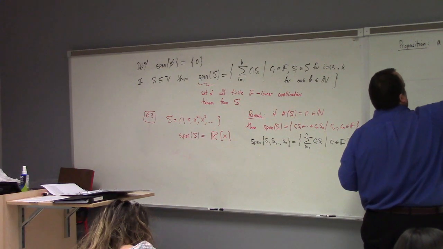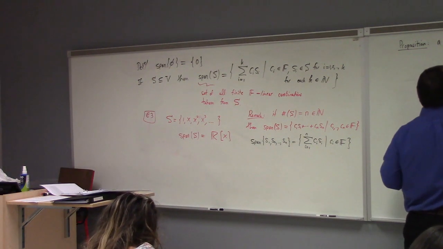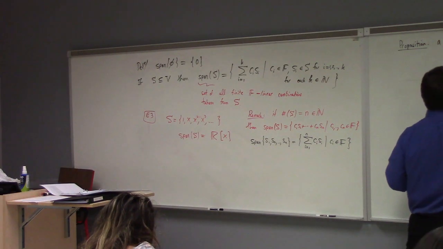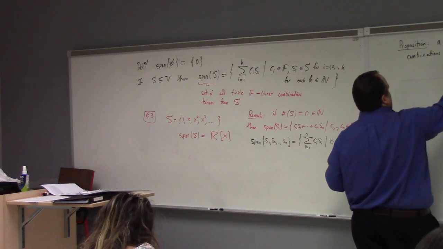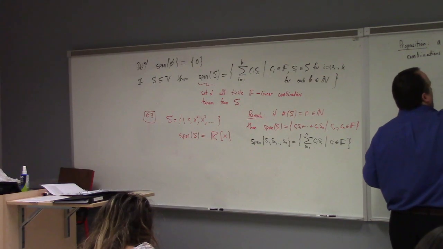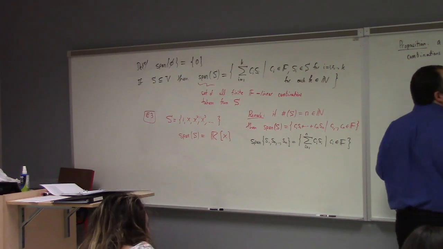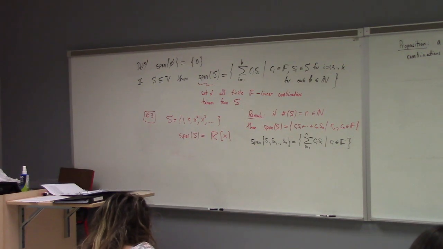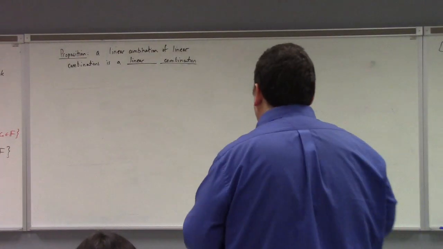A linear combination of linear combinations is, you guessed it, a linear combination. All right. So I guess we need some notation to prove this proposition, right?